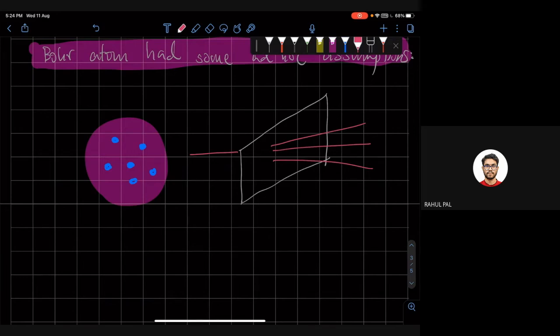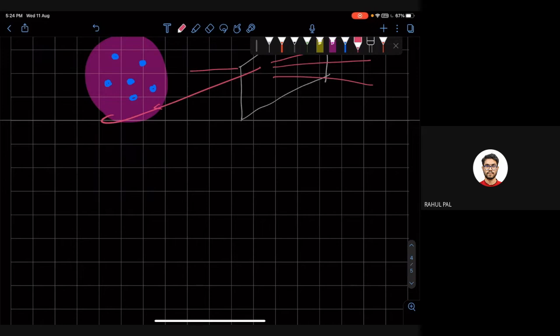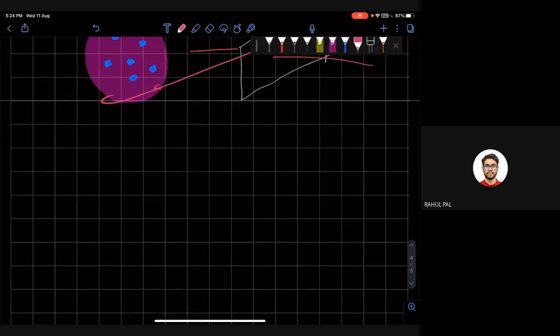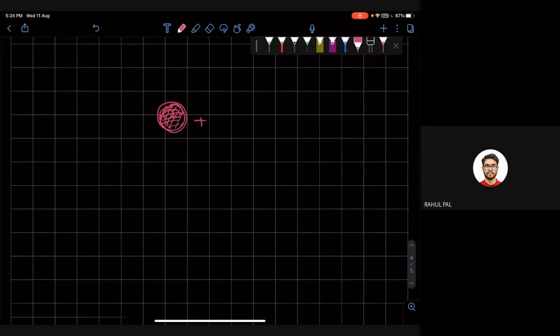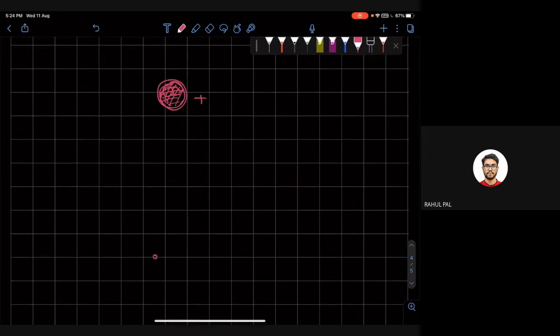But once in a while, there would be an alpha particle who would just ping back, right? So Rutherford from there kind of said that, okay, the atom should basically be some very dense core of positive charges, and then surrounded by mostly empty space with the electrons, perhaps whizzing around in some fashion, right?